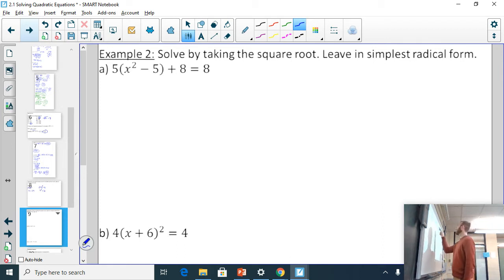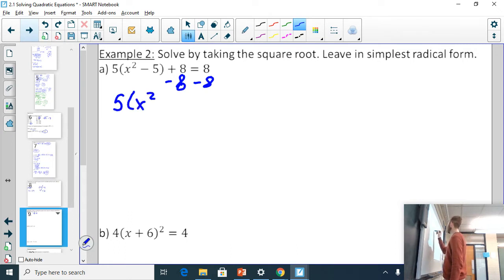So first things first, there's a million ways you could start this, but I'm going to subtract 8 from both sides. So then I'm going to have 5x squared minus 5. The 8's go away, and those 8's also go away, so we have 0 there.